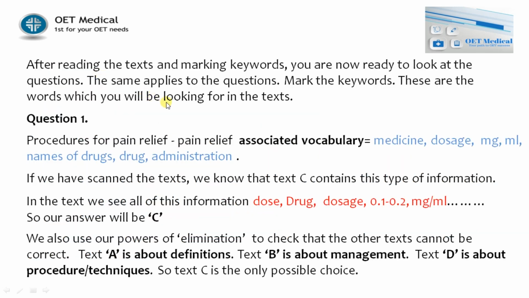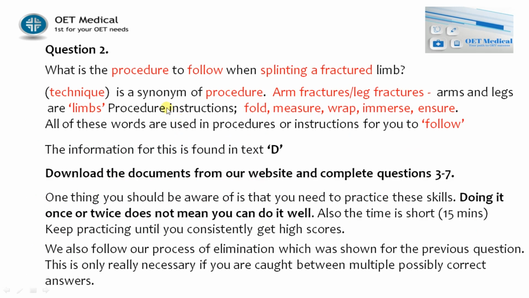So you don't actually have to read through the text to know this. This is the skill that you're practicing, jumping back and forth between the text and the questions to see where the information matches. And of course, synonyms are vitally important, just as they are in IELTS.